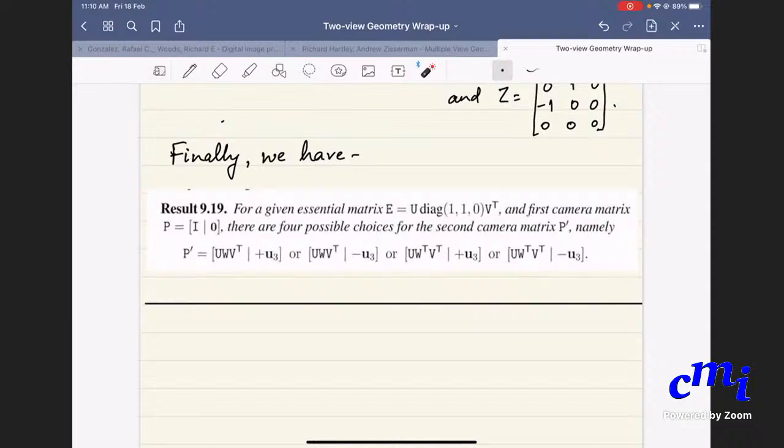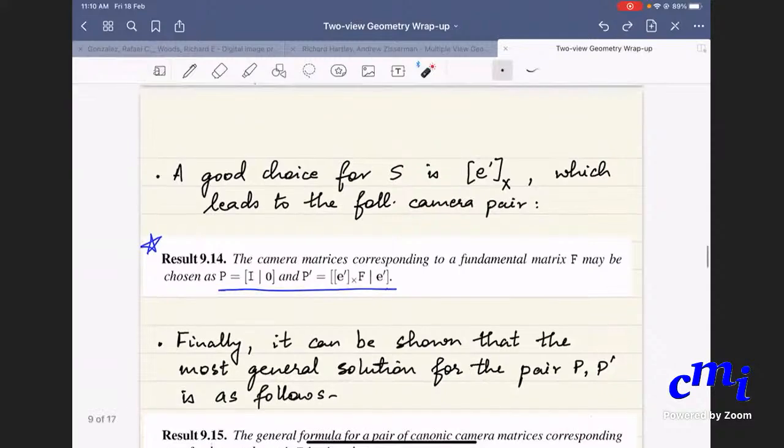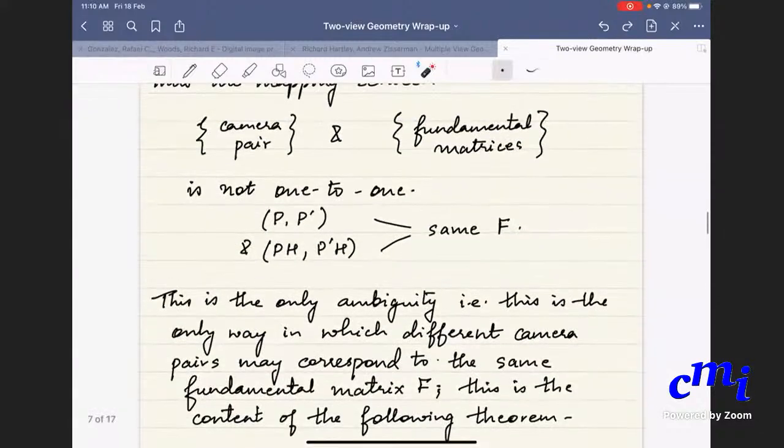Essentially, this is saying that if the essential matrix is given to you and you decide to have your reference camera being the canonical camera, then there are only 4 possible pairs. This is unlike the more ambiguous family that you get from the fundamental matrix, where you either have to make this choice here or you have this entire family of matrices.